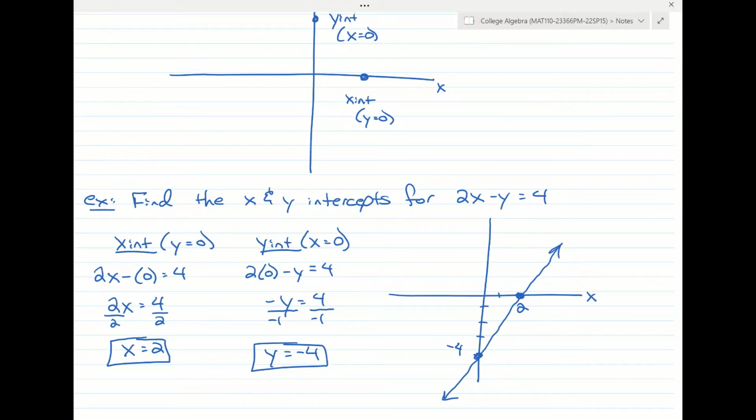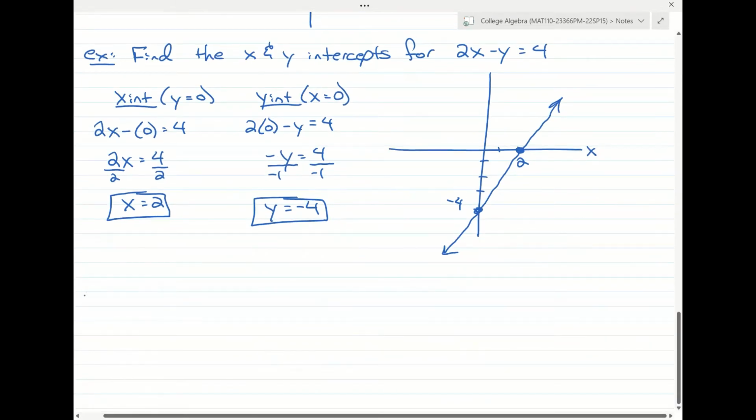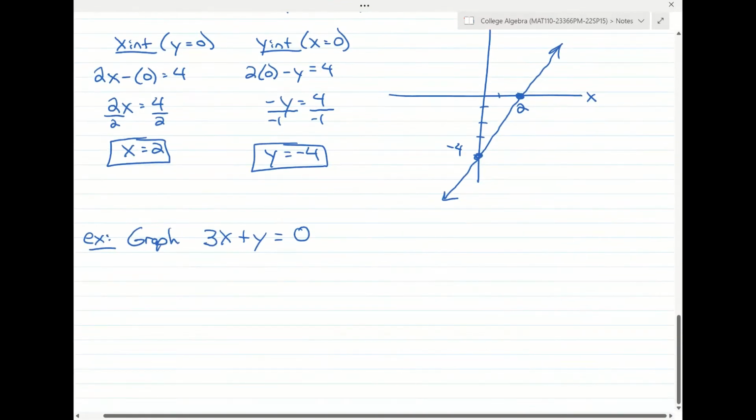The only way it could get a little bit harder is if you had a similar problem where I asked you to graph 3x plus y is equal to 0. Finding the intercepts is generally the easiest way to graph an equation.